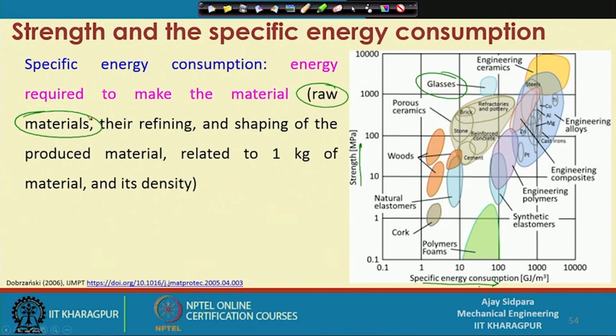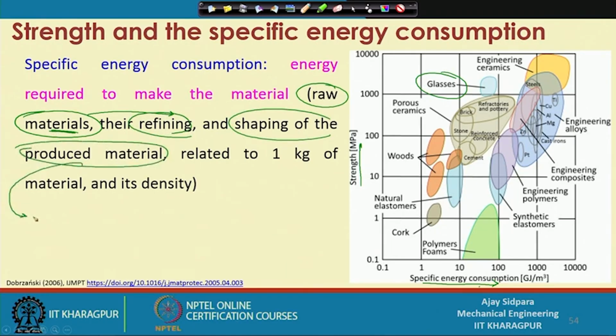Then you have to refine it, because whatever the raw material is, you have to separate all the different elements and make sure that the content of the material is the same as the material you are thinking of. So, refining is the second step. Once refining is over, you have to shape the component. There are many ways of shaping, including machining. If it is in powder form, then powder metallurgy.